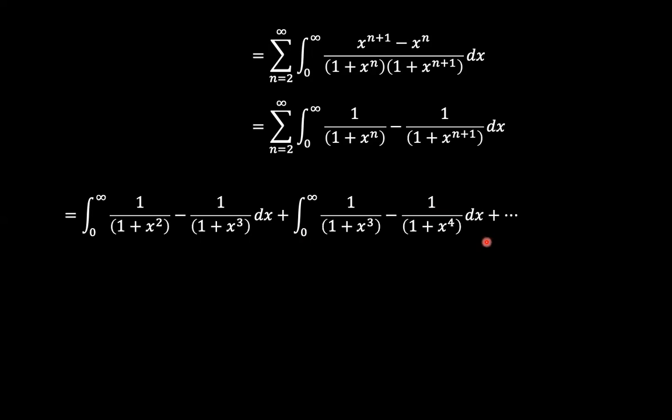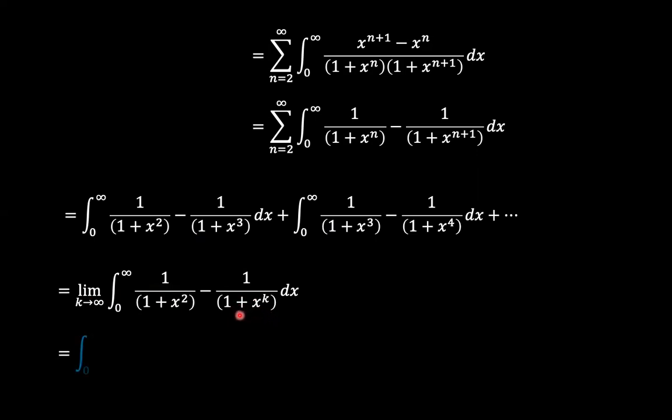Since with integration, this entire integrand could all be bunched together under one integration sign. So another way of expressing it is that, since at the end of it all we're left with 1 plus x to the power infinity, in reality we could express it as the limit as k tends to infinity of the integral of 1 over 1 plus x squared minus 1 over 1 plus x to the power k.